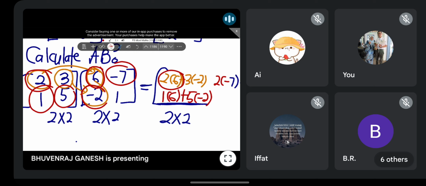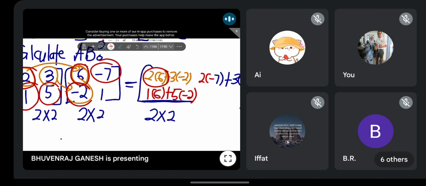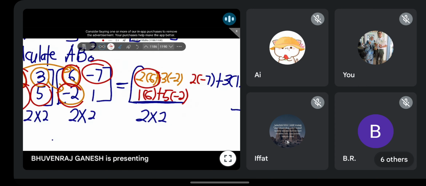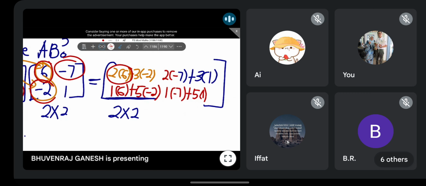I will teach you all a very easy method to understand after I write out all of this, so that you can check it easily. And then the last one, you take 1 times with negative 7 plus with 5 times with 1. Okay guys, are you clear? If you're not clear, I'll explain some more. Don't worry, I know it's something new to all of you.